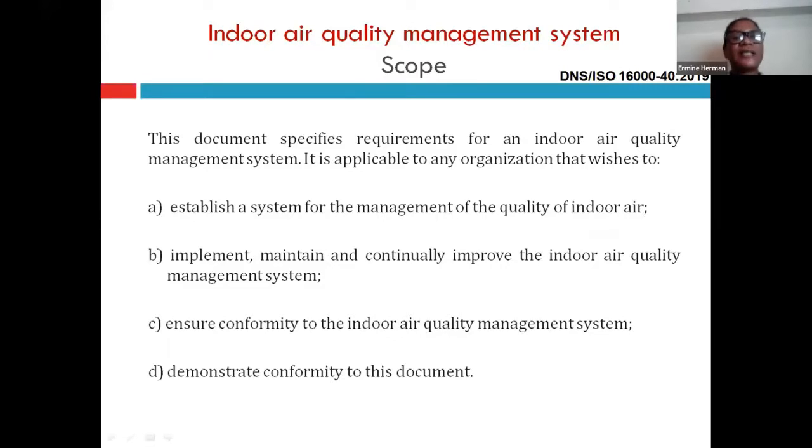So the document specifies requirements, like I said, for a system: establish a system of management of the indoor air quality, implement, maintain, and improve the indoor air quality management system. It ensures conformity to the indoor air quality management system, and it demonstrates conformity to this document.